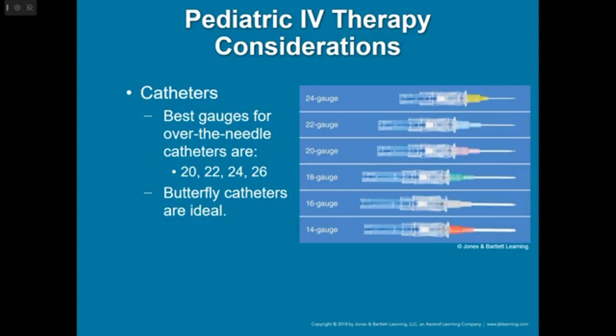For 90% of our patients, maybe, rough estimate, a 20 gauge is adequate. For 99.5% of our patients, 18 gauge is adequate. You can flow blood through an 18 gauge without an issue generally.